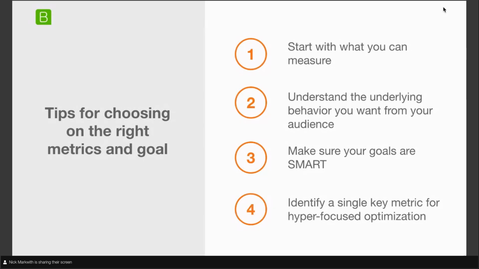These are all the types of metrics that you can explore, but you need to focus on 1 or 2 of them. I'm not saying that you shouldn't report on more. Oftentimes there are secondary, tertiary metrics that do help provide color and tell the story a little bit fuller. But in terms of how to optimize and really report, you need to make sure there's hyper focus and that everyone understands this is what the goal is.